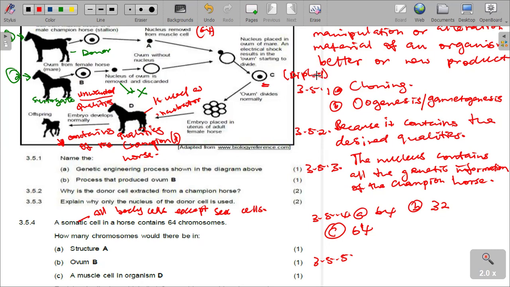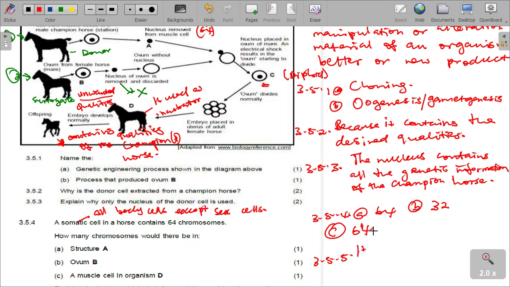So what is the reason why it cannot be called a gamete? It is not a gamete because it is diploid, whereas a gamete is haploid. That is the reason why it cannot be called a gamete.